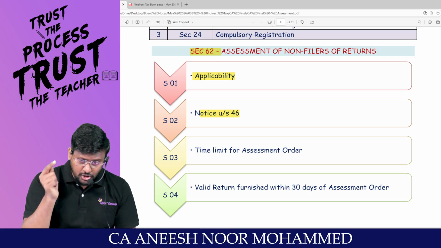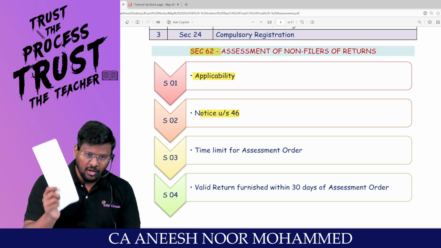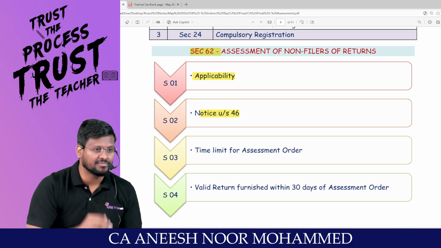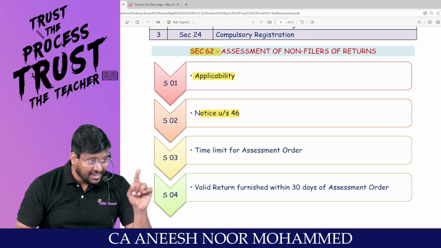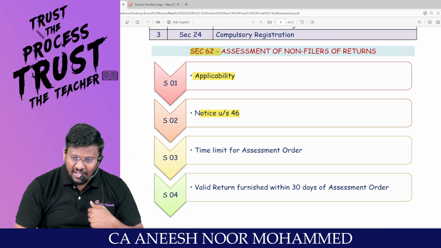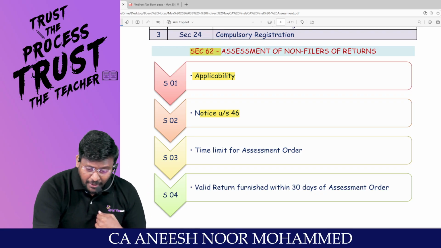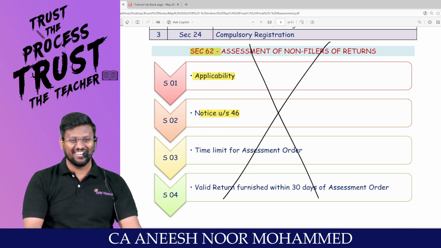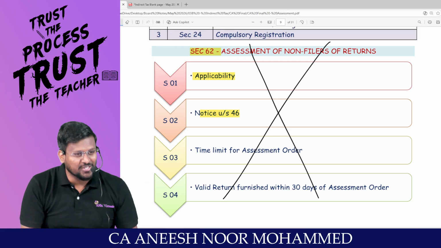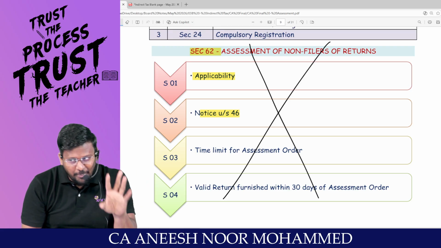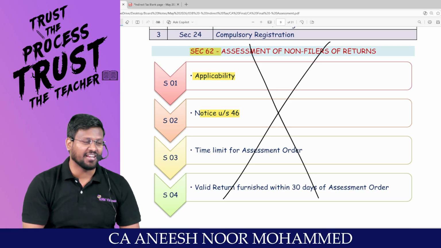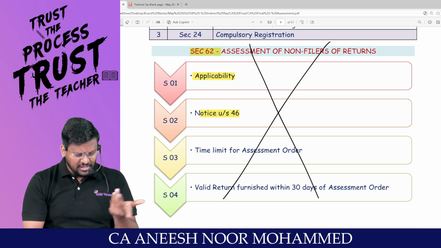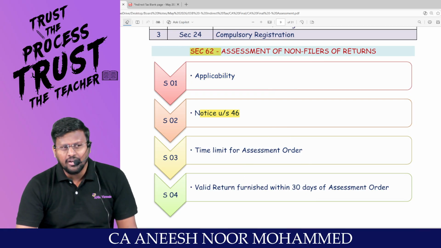In response to that notice, I will file the return. Then, once I file the return, the department will drop 62 and step in under 61. Scrutiny of return is possible because from a non-cooperating assessee you become a cooperating assessee. Section 62 is then not required.